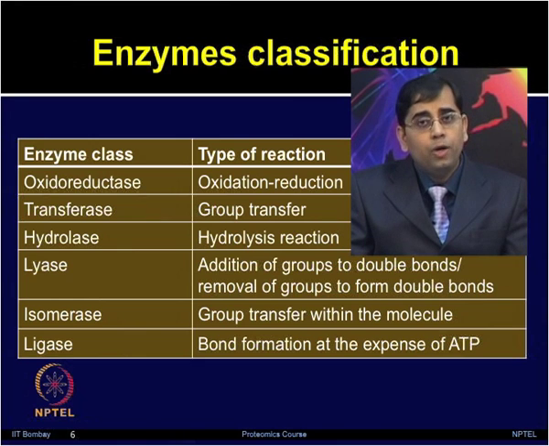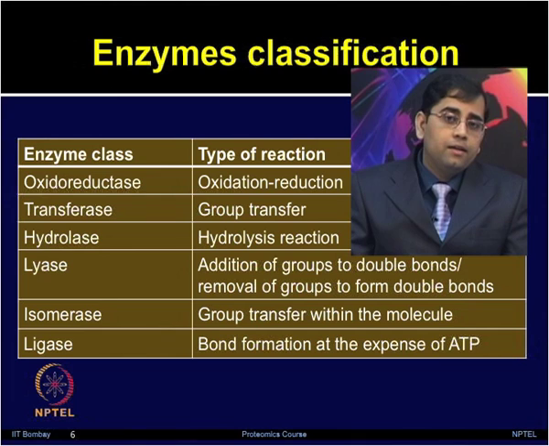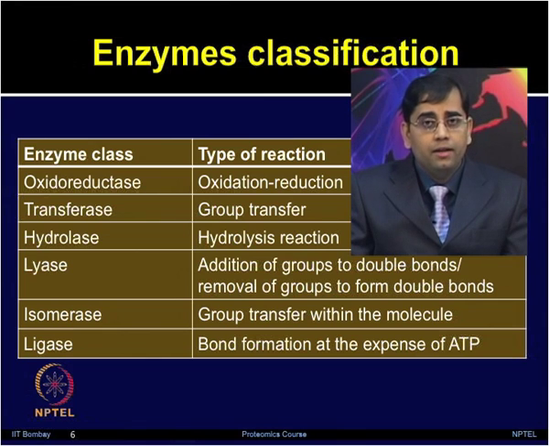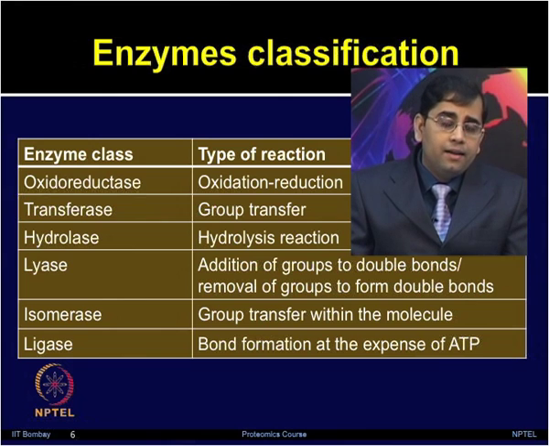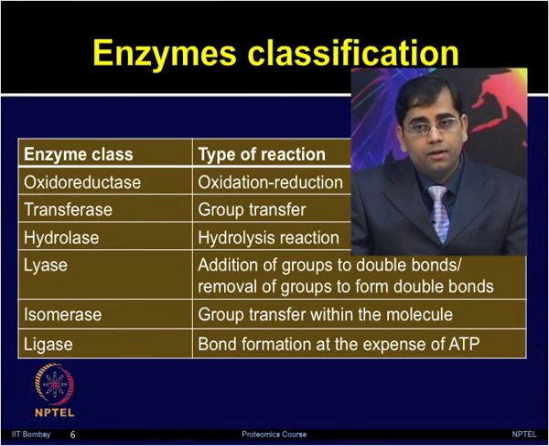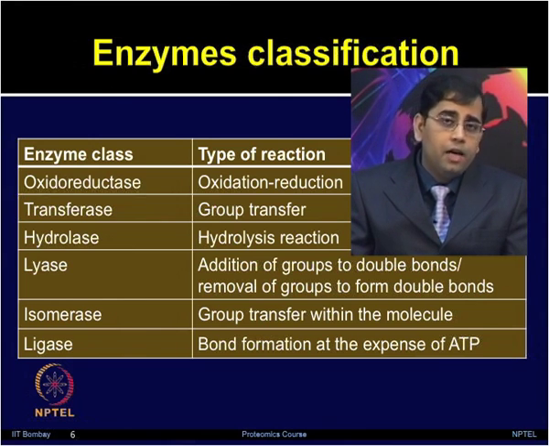An example is pyruvate dehydrogenase. Transferase enzymes transfer certain groups, so group transfer can be mediated by this group of enzymes. Example, hexokinase. Hydrolases catalyze hydrolysis reactions. Example, chymotrypsin.